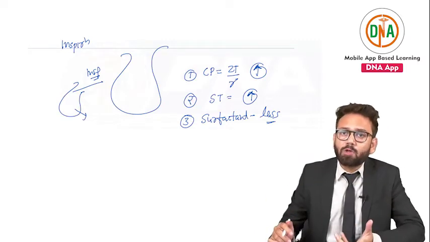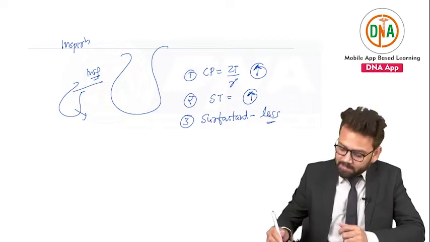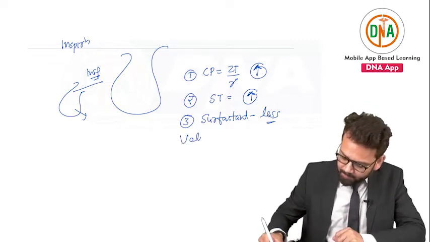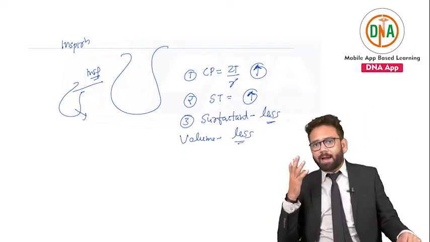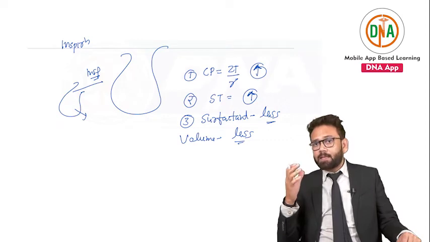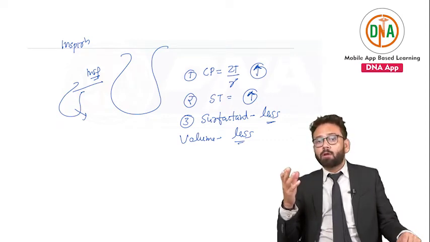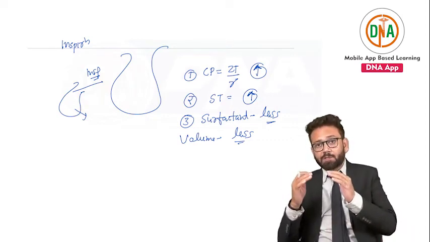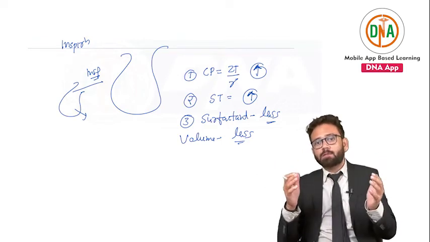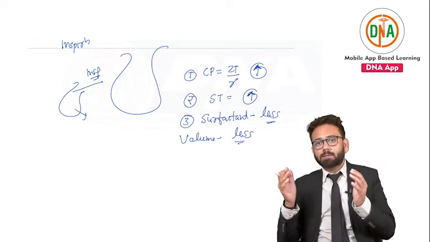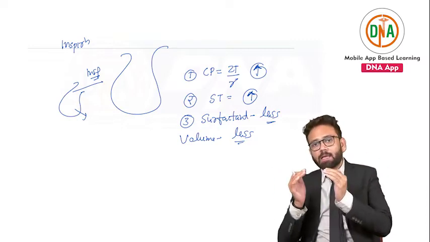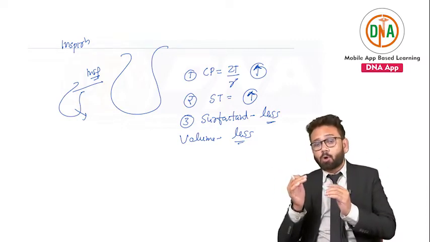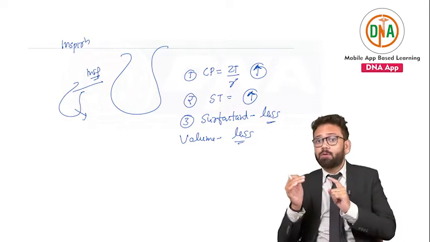So volume will be less. Why? Because the property to expand is less, since surface tension is more and the surfactant which helps it expand is less. Volume wants to expand, but because surfactant is less, volume is less during inspiration.